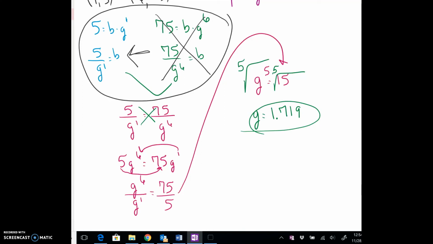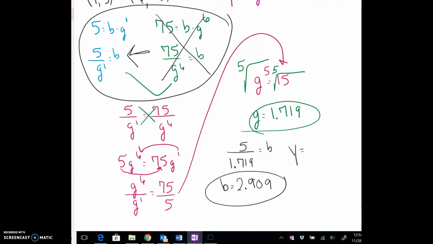So I'm going to take that, and I'm going to have 5 over g to the first, which is just 1.719, and that will tell me b. So on my calculator, I'm just going to divide those two out. And when I'm done, b is also a long decimal, but it's rounded to 0.909. And from there, I can put those two into my final equation.